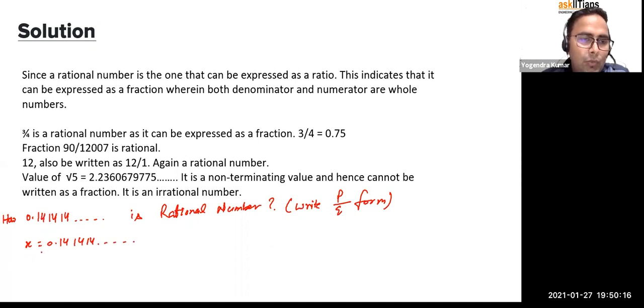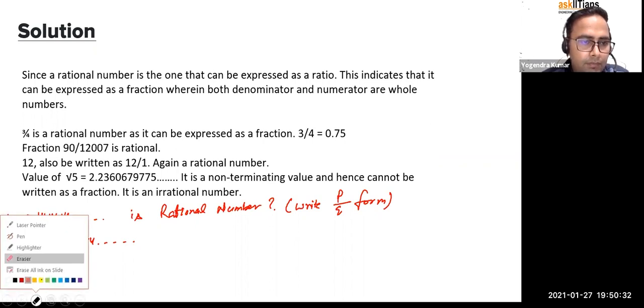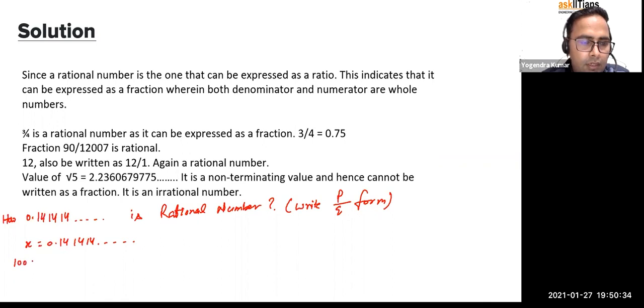Now I'm going to multiply by 100. 100x is equal to 100 times 0.141414. What form are we going to get?